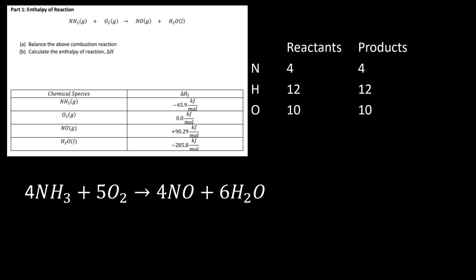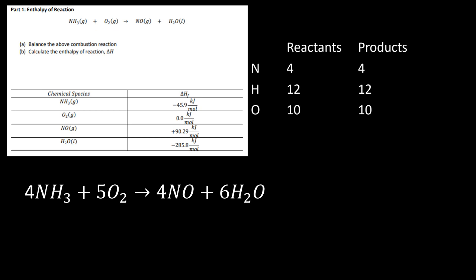We have 4 nitrogen atoms represented on the reactant side and the product side. On both sides, we have 12 atoms of hydrogen represented, and we have 10 atoms of oxygen represented. So we're done.